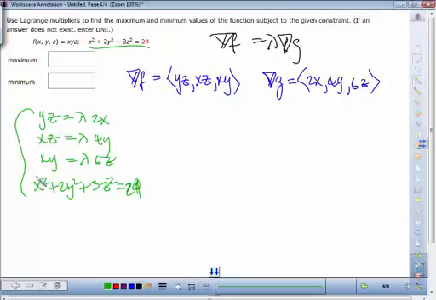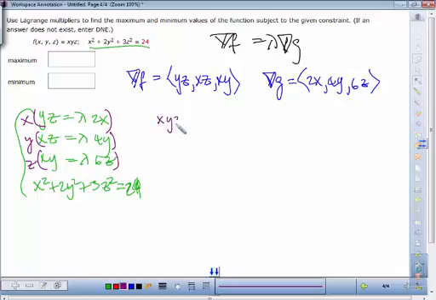I can make the left-hand sides of these three equations look the same if I just multiply by a select variable. So I think maybe what I'll do is multiply the first one times x, and so the left-hand side will look like xyz. I'll multiply the second one by y, and then the third one by z, and so all my left-hand sides would be xyz.